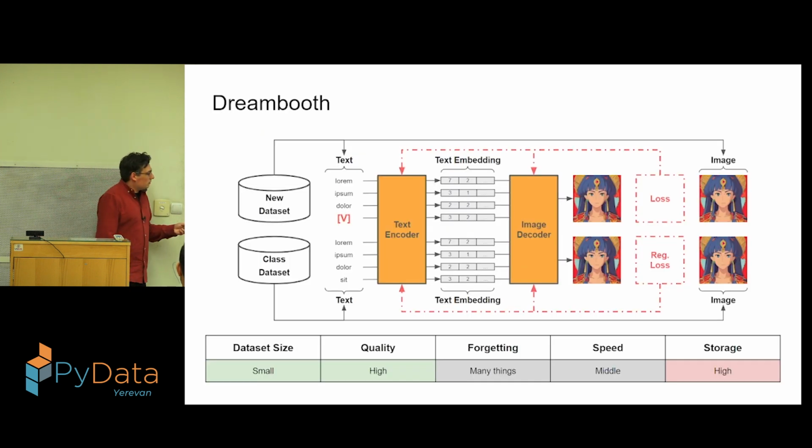So the first system that uses this unique identifier as an advantage is Dreambooth by Google. The idea is the following. This is a very similar setup to the regularized fine-tuning. The difference is only these two things. The first thing is we're introducing this unique identifier and attaching it to our dataset in some way, typically in the beginning of the text or in the end of the text.